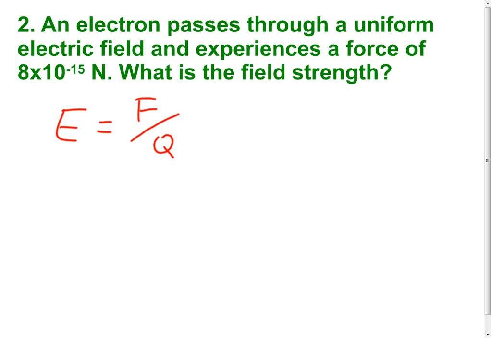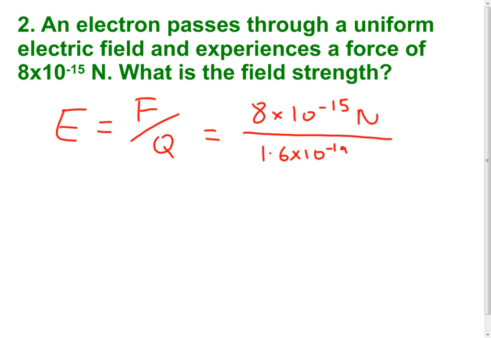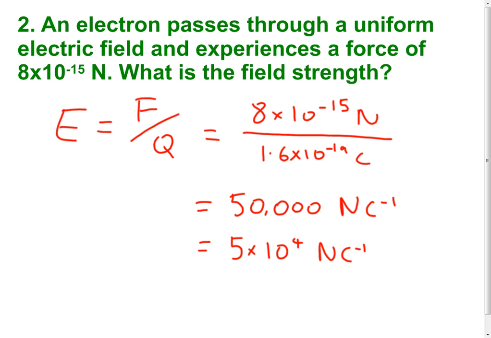So that's going to be Q. So it's going to be the force, 8 times 10 to the minus 15 newtons, divided by the charge of the electron, 1.6 times 10 to the minus 19 coulombs, which gives you 50,000 newtons per coulomb, 5 times 10 to the 4 newtons per coulomb.